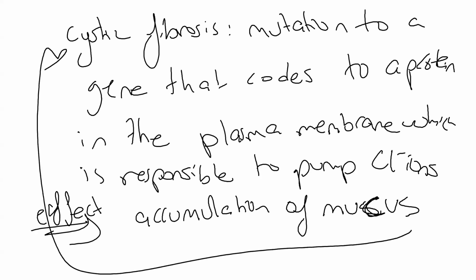Okay, so it's a mutation to a gene that codes for a protein in the plasma membrane which is responsible for pumping Cl- ions. When this mutation happens, so much mucus will be accumulating. This accumulation of mucus will lead to cystic fibrosis.